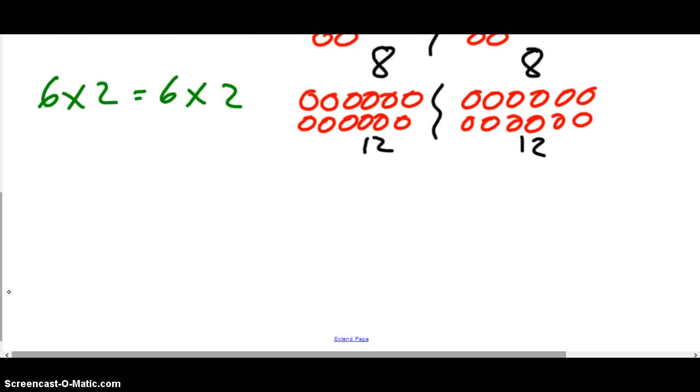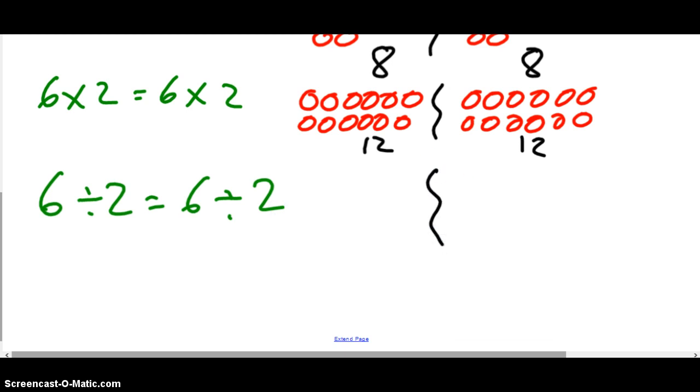What did Jackson do next? Well, if you've been paying attention, he obviously did division next, because we haven't done that yet. 6 divided by 2 equals 6 divided by 2. What is that going to look like with tiles? Well, let's find out.